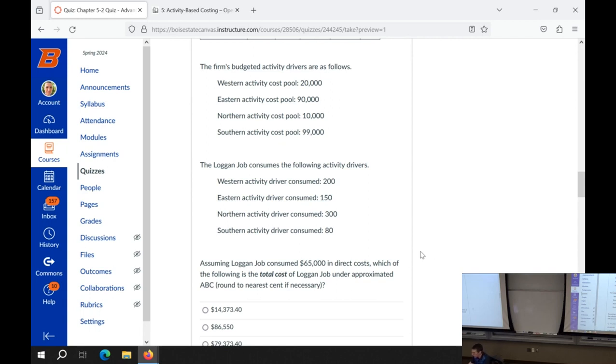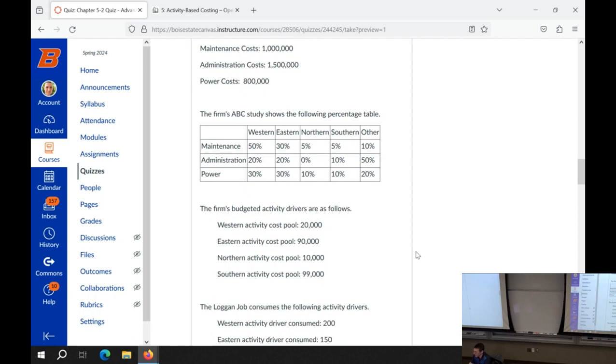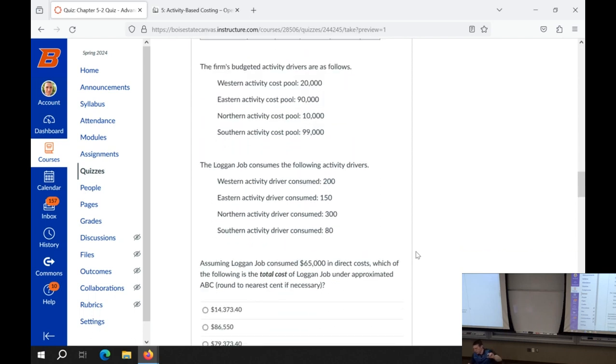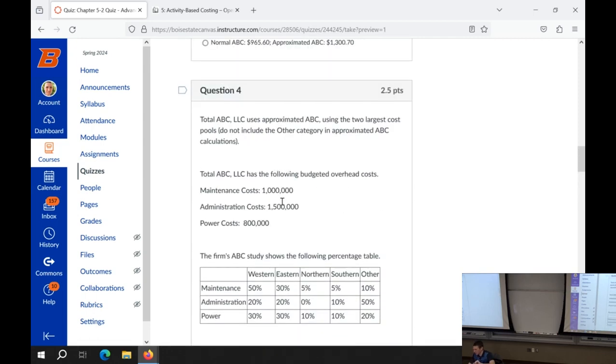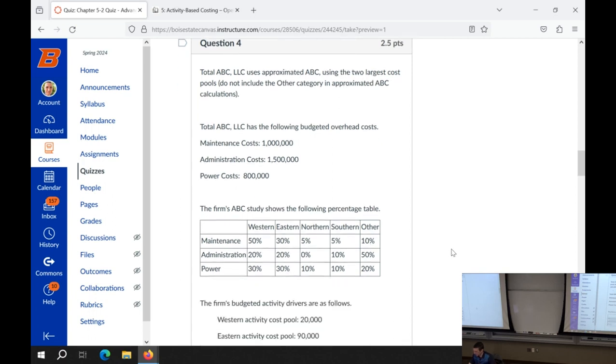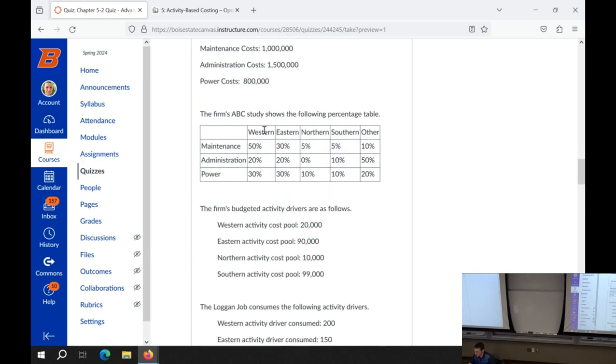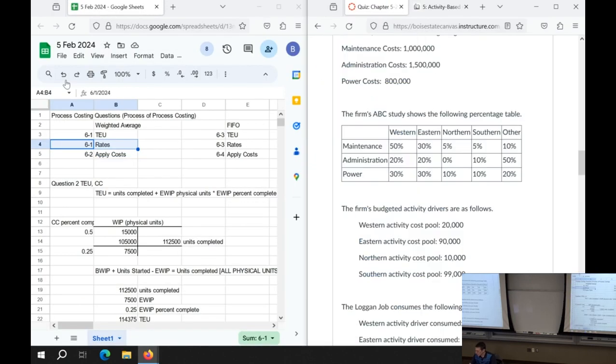So this question right here is asking you to do all of that. It's at the very end, what's the total cost for this one job after second stage allocation? And you've got to start from, here are GL accounts, general ledger accounts, and a percentage table. And it's phrased weird because we have a Western activity and an Eastern activity and a Northern activity and a Southern activity. Okay, so we're going to start.